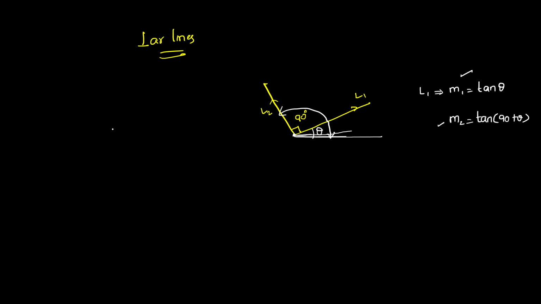Now if we take the product of m1 and m2, m1 is given by tan theta and m2 is given by tan (90 plus theta), and we know that tan (90 plus theta) is negative cot theta.